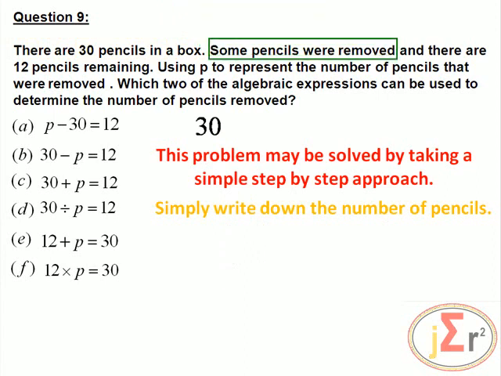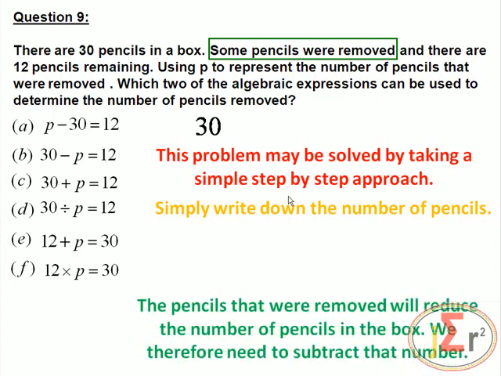Some pencils were removed. If some pencils were removed, the pencils that were removed will be in such a way that the total number of pencils will be reduced. So of the 30, we will have less. That may be demonstrated by subtracting those that were removed.